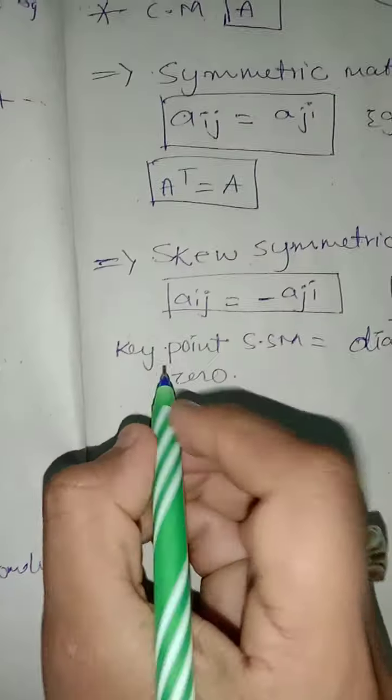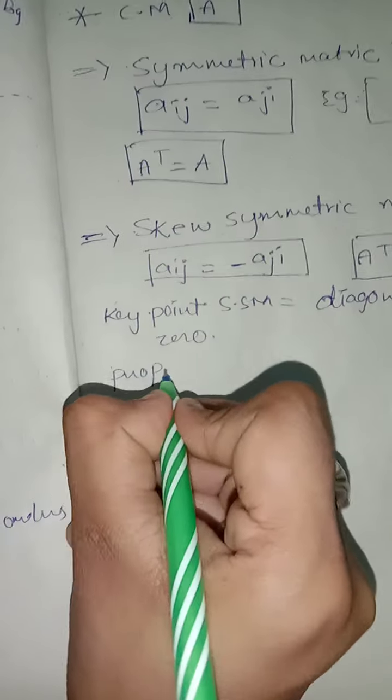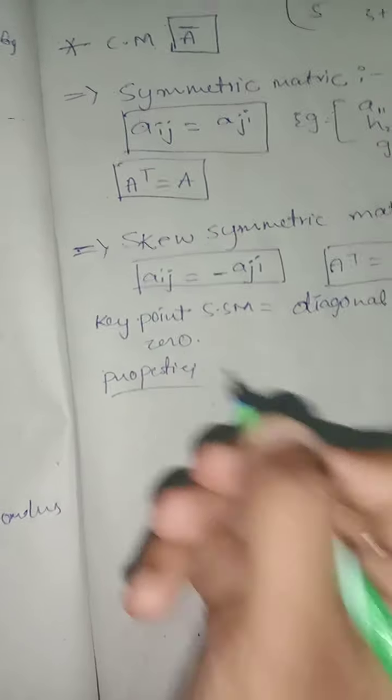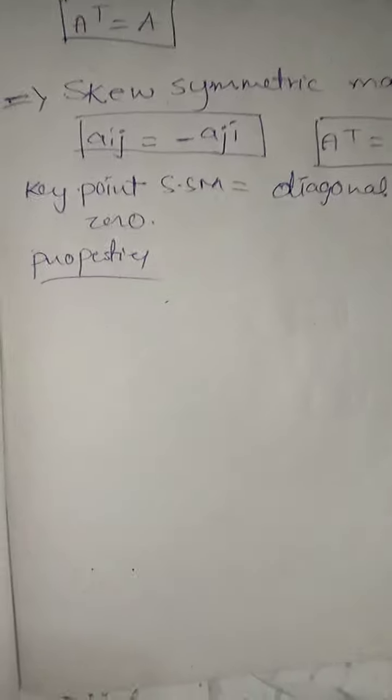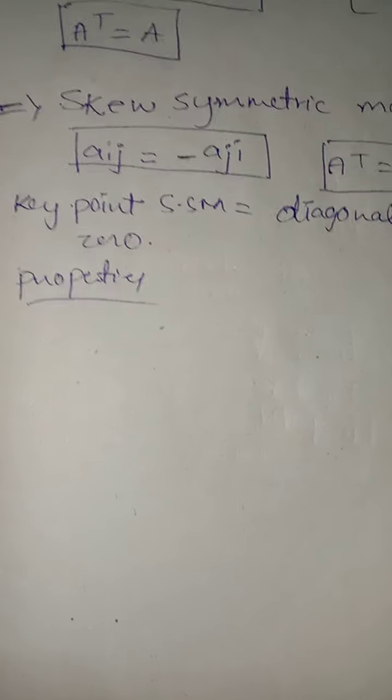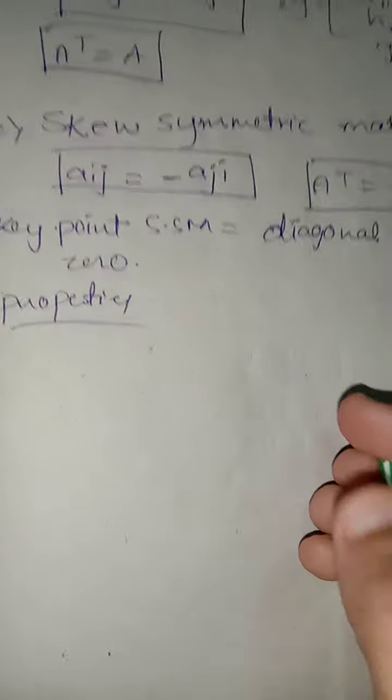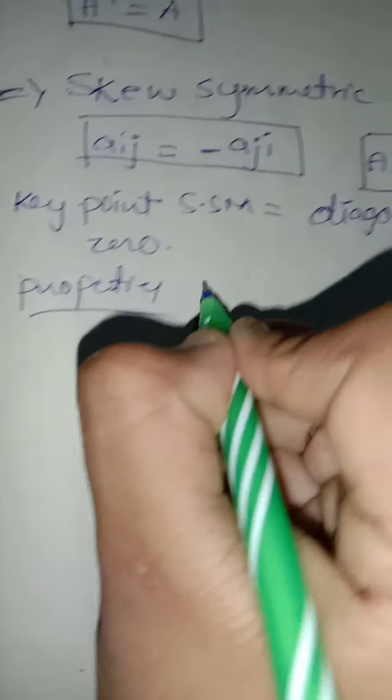Now let's learn about the properties. The properties are for symmetric and skew symmetric both.